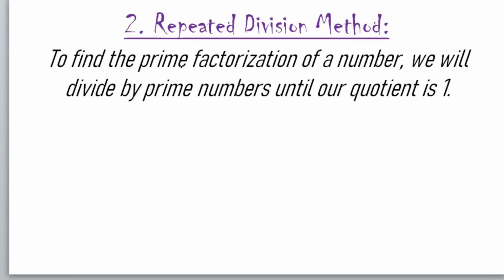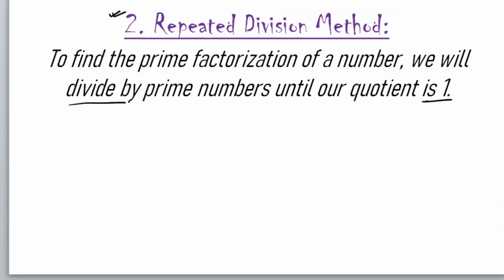Here comes another method, that is the repeated division method. First was using a factor tree, we were finding the prime factorization. Now we will see how we can find the prime factorization using a repeated division method. So to find the prime factorization of a number using the repeated division method, we will divide by prime numbers until our quotient is 1.